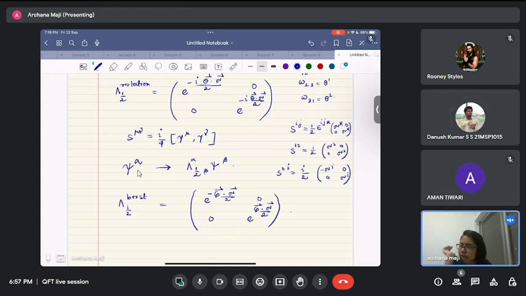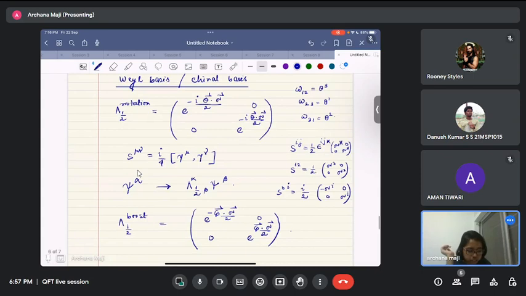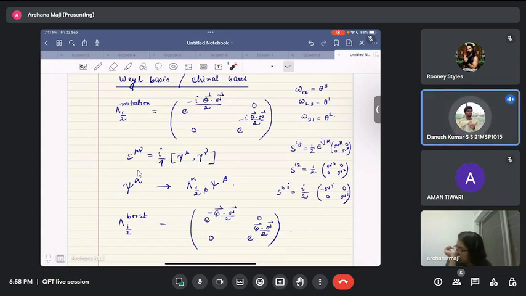This theta here denotes the amount by which you are performing the rotation. So in that sense, this beta, or phi, should have the interpretation of the amount by which we are performing the boost.